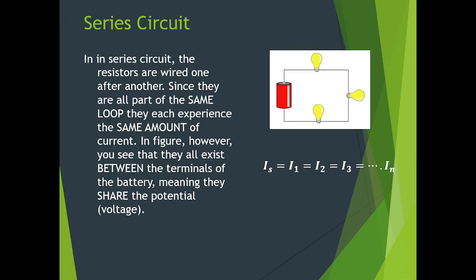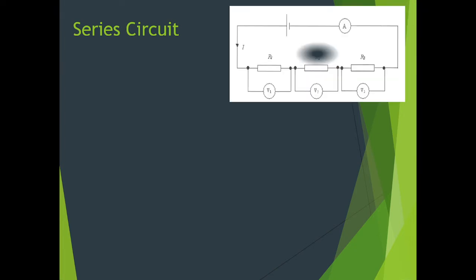We see that there is no other way for electrons to pass through, and they must pass through each resistor. Hence we can say that the current in the series circuit is the same across every resistor. We say that I sub t is equal to I sub 1, which is also equal to I sub 2, and is also equal to I sub 3, and so on and so forth.